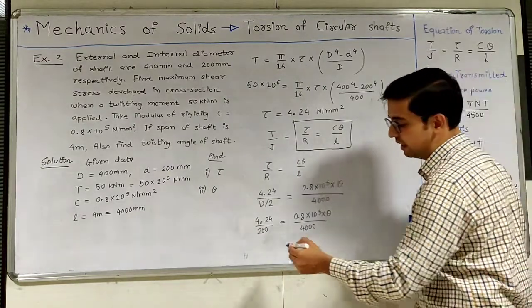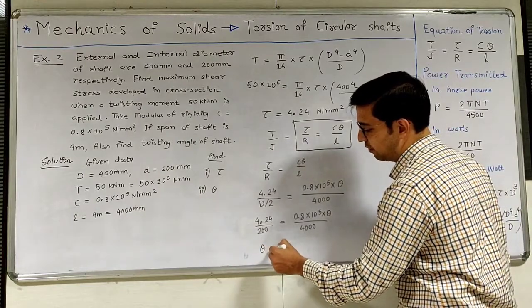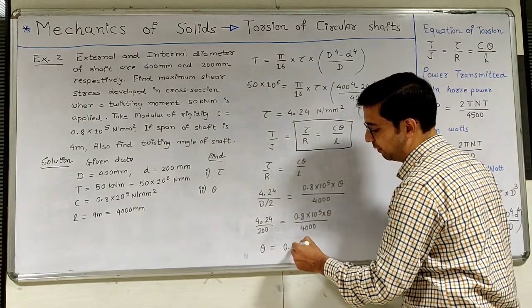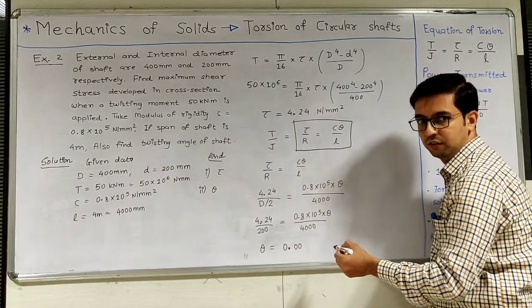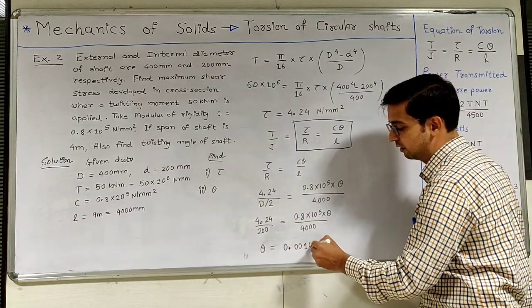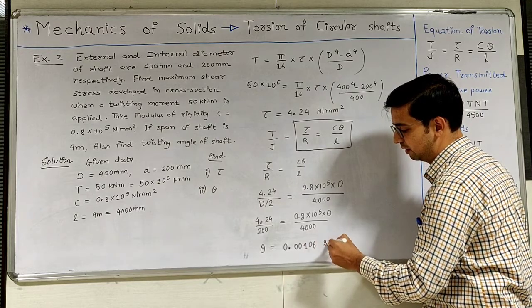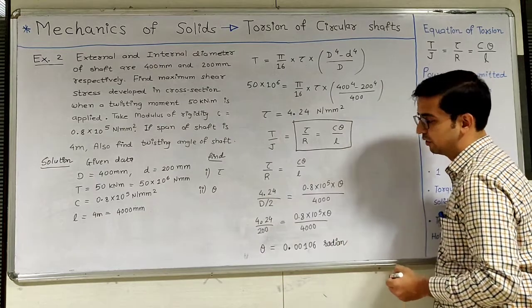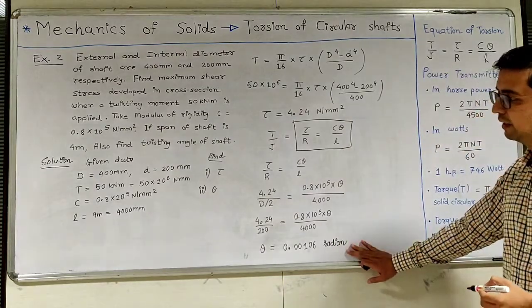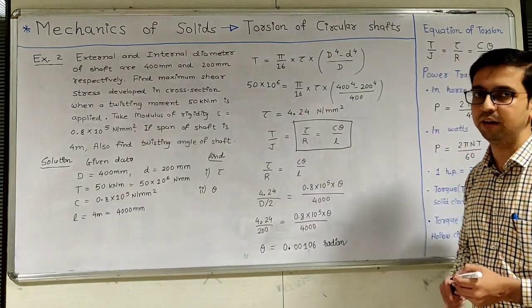By simplifying this equation, we will get the value of theta as 0.00106 radians. So this is the second parameter required in this example number 2.